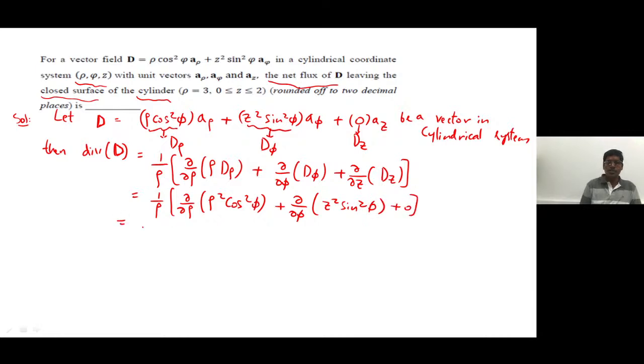So this simplifies to 1 by rho into, with respect to rho the partial derivative with phi constant, with respect to phi z constant. So this is 2 rho cos square phi, and this is 2 z square sin phi, derivative of sin phi being cos phi.